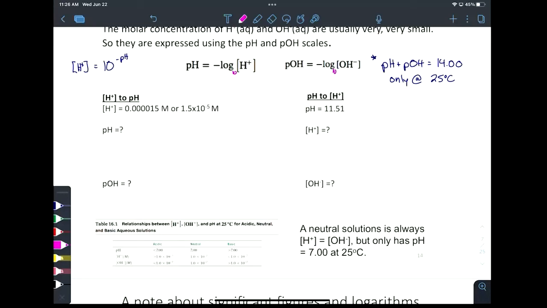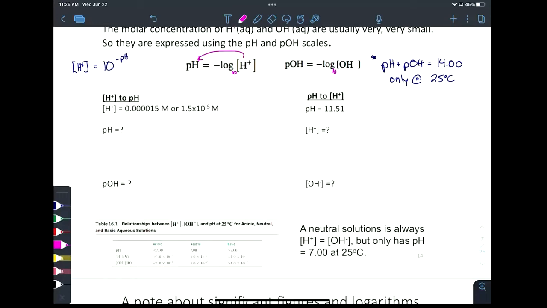So pH is negative log of the concentration of H, pOH is negative log of the concentration of OH, and P bananas is the negative log of the concentration of bananas. P means negative log of anything, because we'll look at things like pKa and pKb, the negative log of Ka or of Kb. P is just like a function, I guess. All right, so that's how we go from a concentration to a pH.